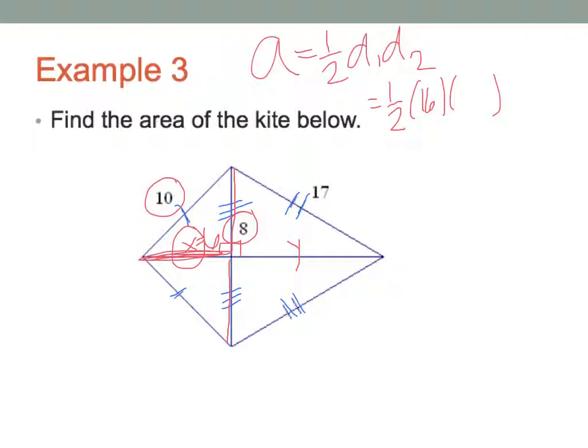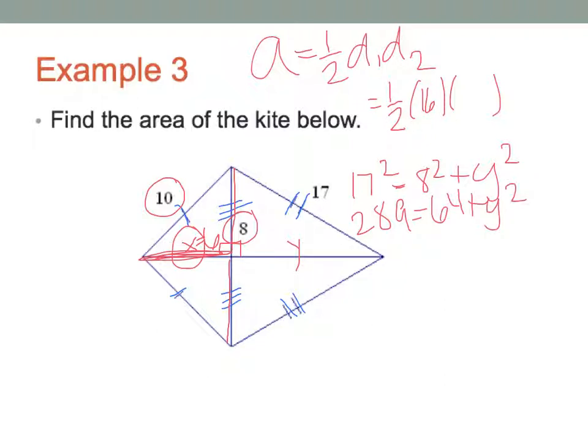Now I can't say that y equals 6 because it's not a rhombus. y is its own independent length, and let's find that using the same method of the Pythagorean theorem. Let's set this one up as 17 squared equals 8 squared plus y squared. And we get 289 equals 64 plus y squared. Subtract 64 from both sides, and I get 225 equals y squared.